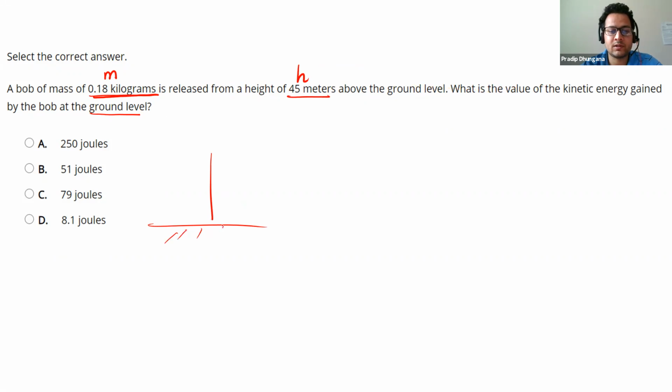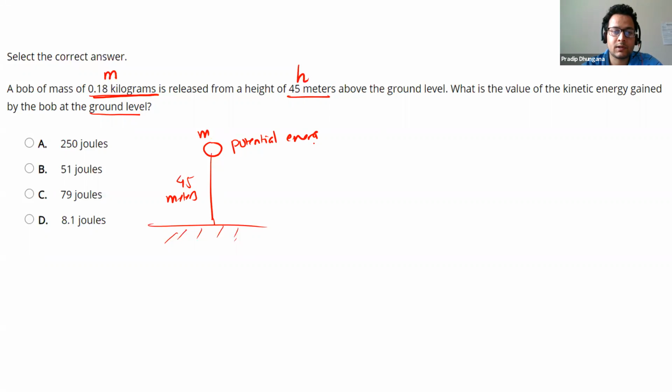Let us suppose this is the ground and the mass of the bulb is here. The bulb has a mass of 0.18 kilograms, and the height is 45 meters. This question is a little bit tricky. At a height of 45 meters, the bulb has only potential energy, right? Because at that time it's not moving, before we drop the bulb.